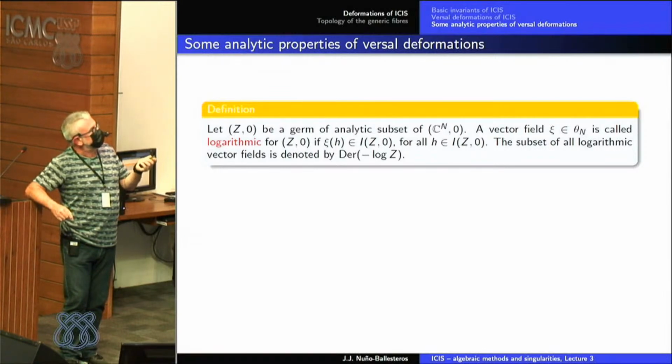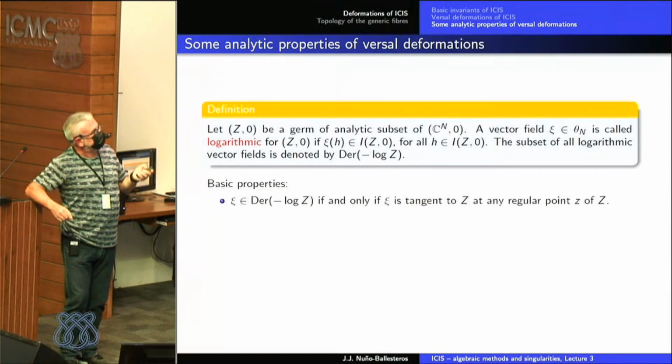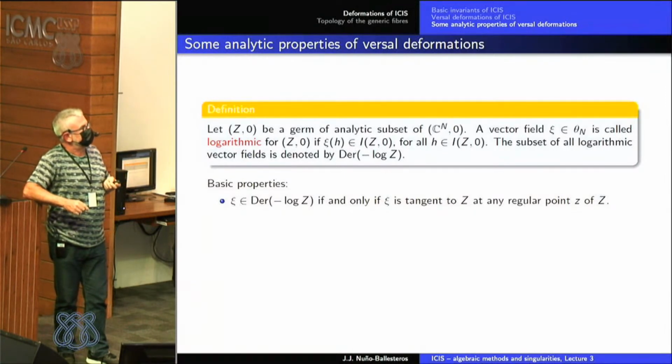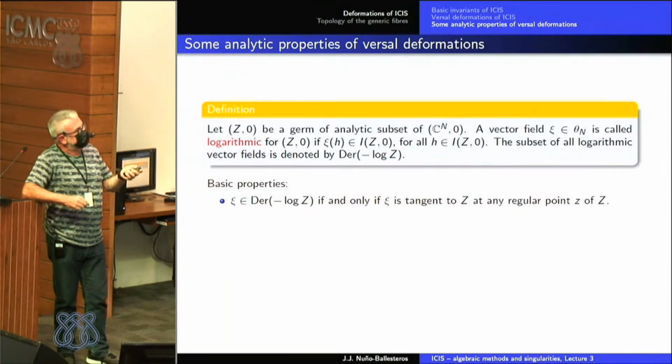So this notion of logarithmic vector fields was defined by Saito, and it is usual to denote the set of all logarithmic vector fields by this term, minus log of Z. So some basic properties. The first one is that it is possible to prove, it is not trivial, but it is possible to prove that a vector field psi is logarithmic for Z if and only if psi is tangent to the set at any regular point.